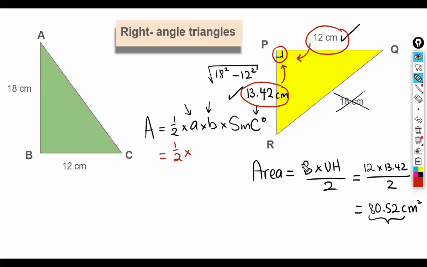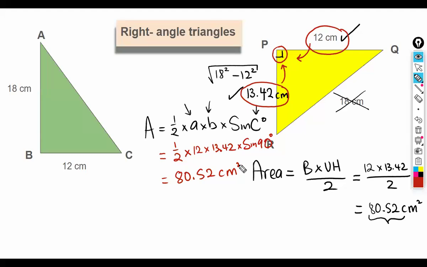We can't choose the 18. So it will be half by 12 by 13.42 by sine 90, and we're getting the same exact thing: 80.52 centimeters squared. Take down everything. Make sure you have both ways to work it out.